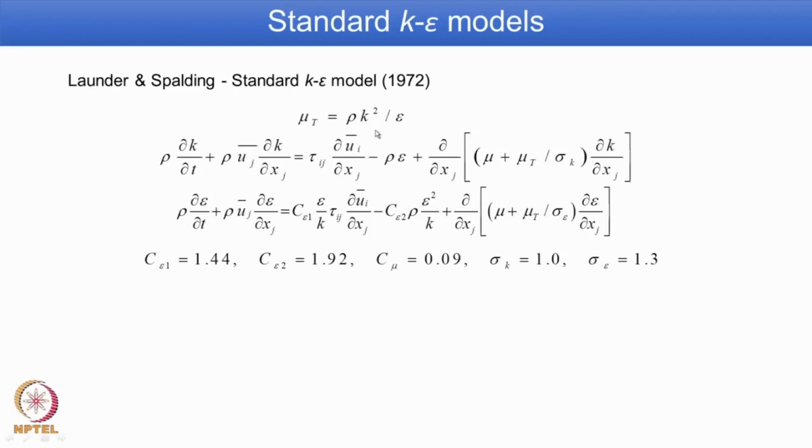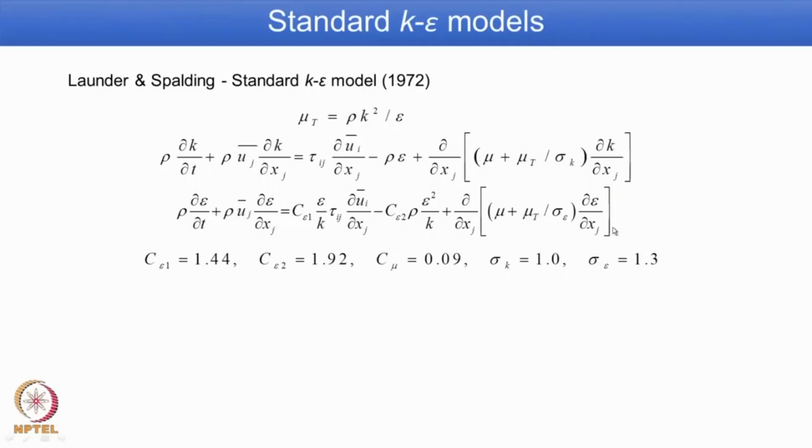In the previous slide I showed how to model terms in the equation for turbulent kinetic energy, and that is written once again here. There is a similar procedure available to derive the equation for epsilon and model it. We are not going to go through all those details; we take only the final expression, and that is what is shown here.